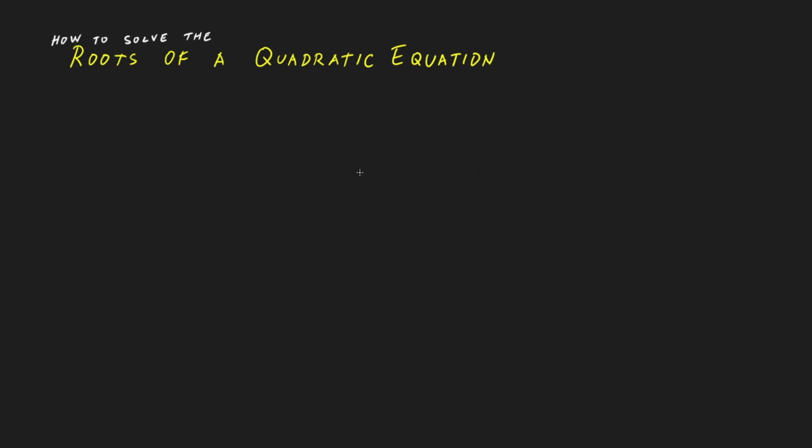Okay? So to show you how to solve for the roots, we need an f of x. So let's say, I'm just gonna use blue for this, f of x is equal to 3x squared minus 75. There we go. So what is the first step in solving for the roots? Because the definition of the roots is that they are the x values where f of x is equal to 0.